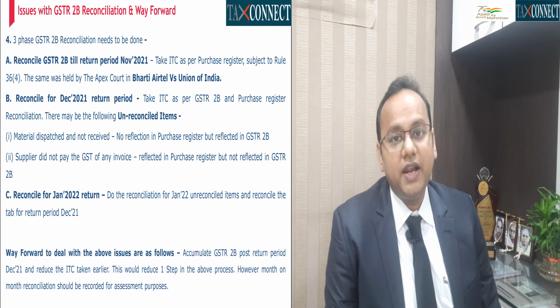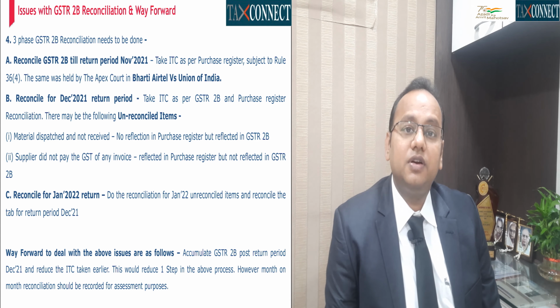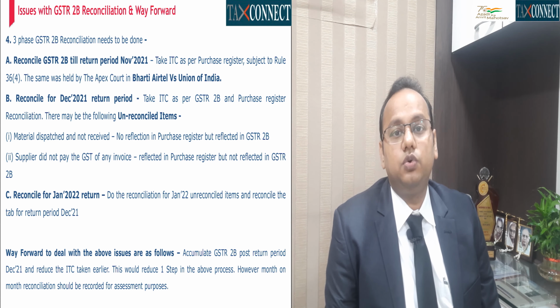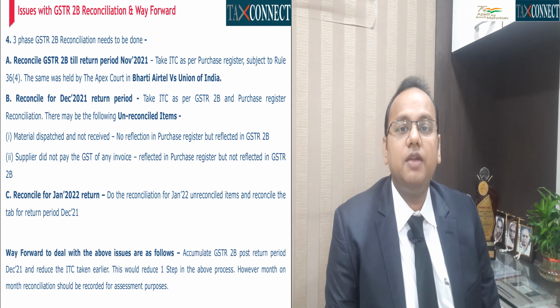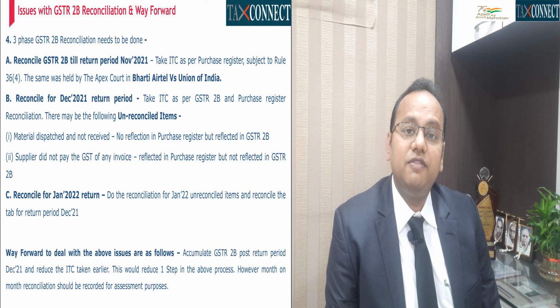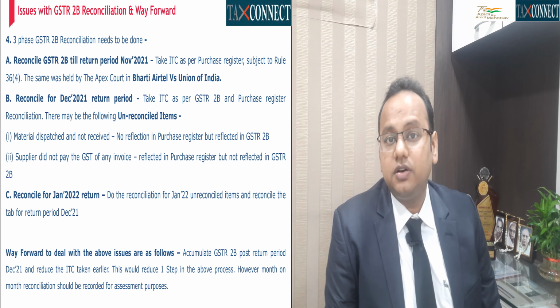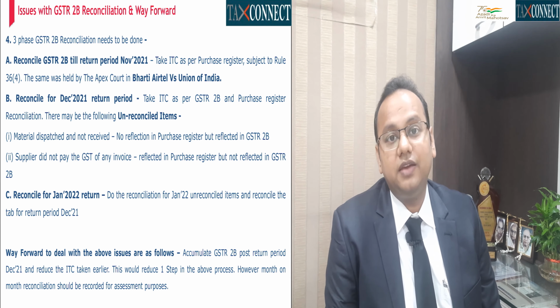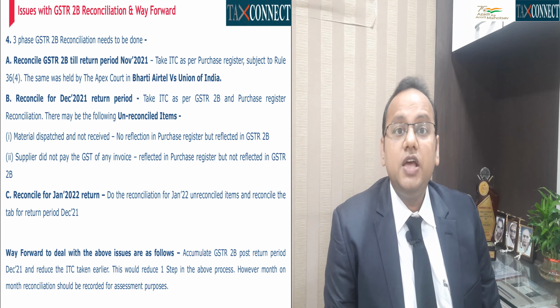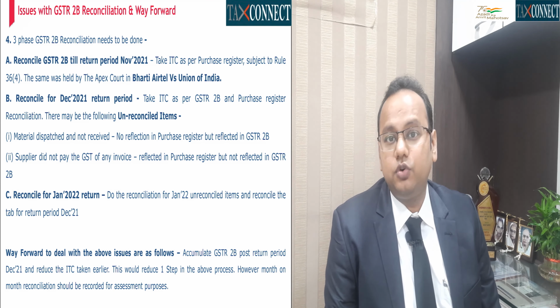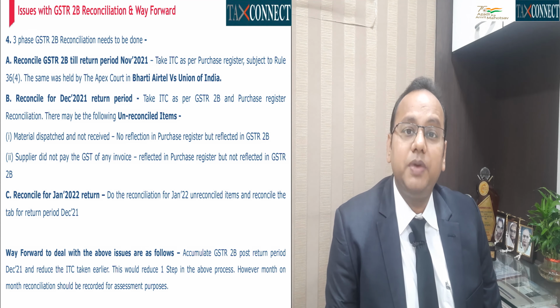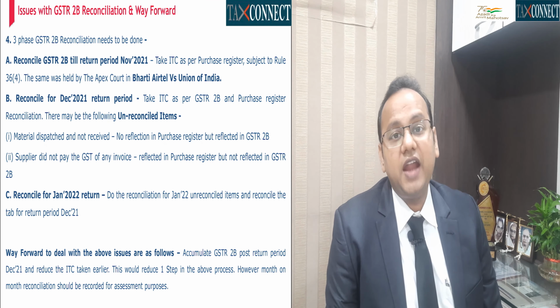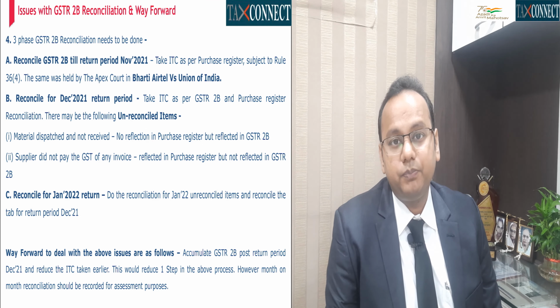However, you might have complied with the restriction under Rule 36(4), whereby you would not have taken input tax credit of more than 5% of the difference between your purchase register and GSTR 2A or 2B at that point in time. That reconciliation you have to keep doing over the period of future returns, and you have to keep a separate tab.